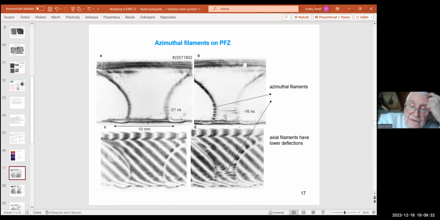In D itself, you see the fourth fringe from the right.